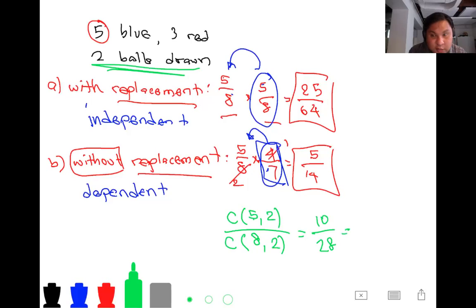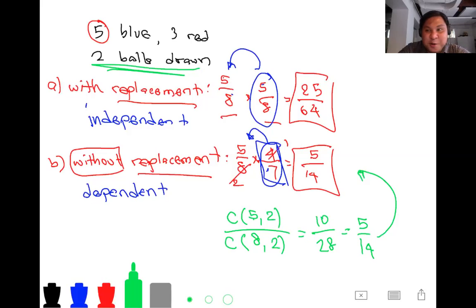So if you reduce 10 over 28, this is also 5 over 14, which matches our answer from earlier. So this is how you check whether the 2 events are independent or dependent of each other. You check whether the probability of each of them is affected by the other.